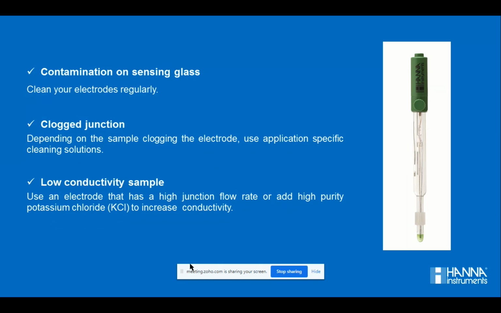Although if you see the electrode bulb is clean, it doesn't mean it is clean. It might have a very slight deposition layer of the samples on the bulb of the pH electrode.